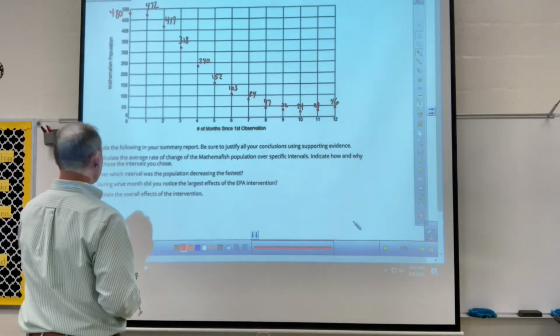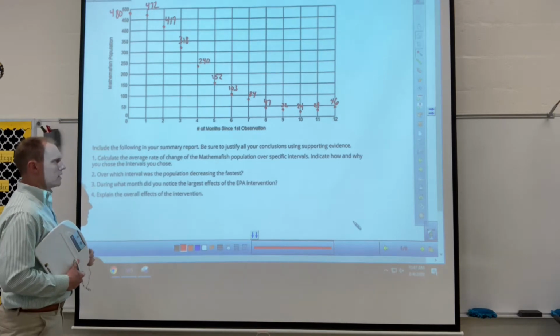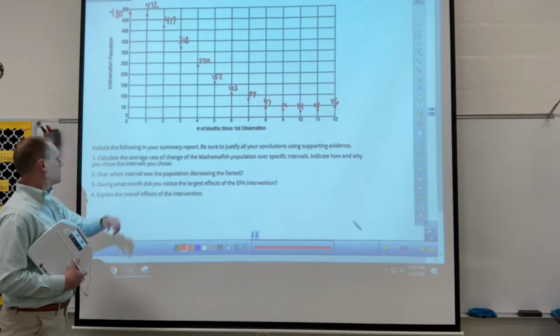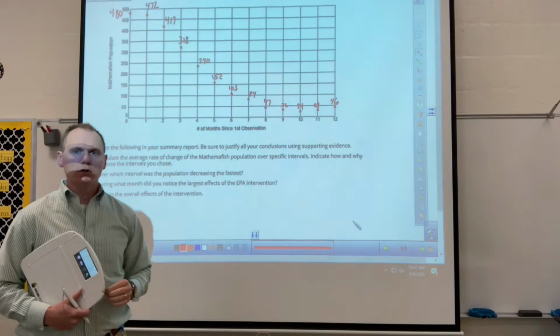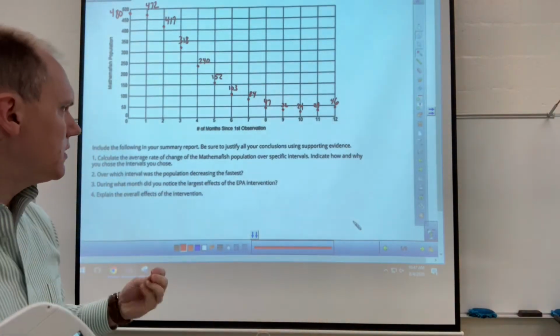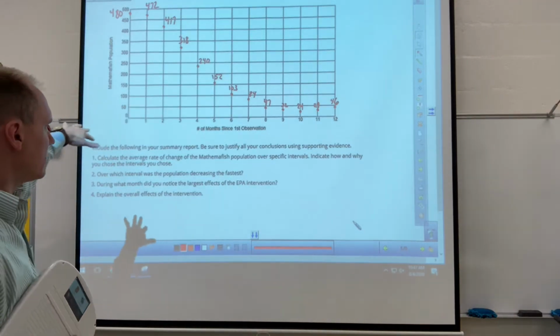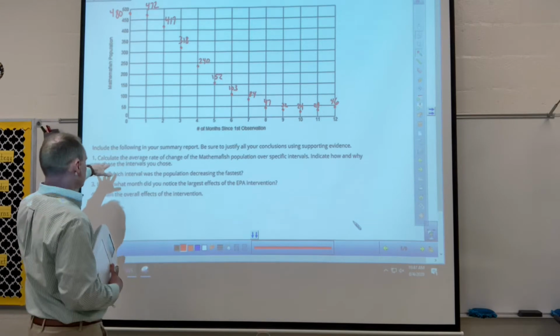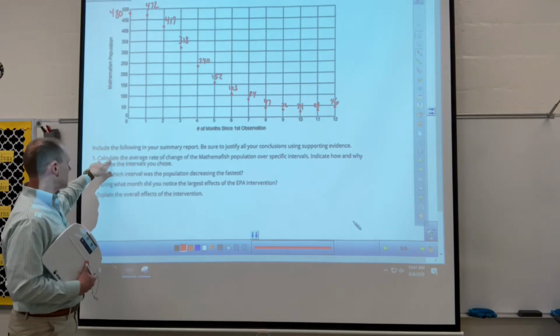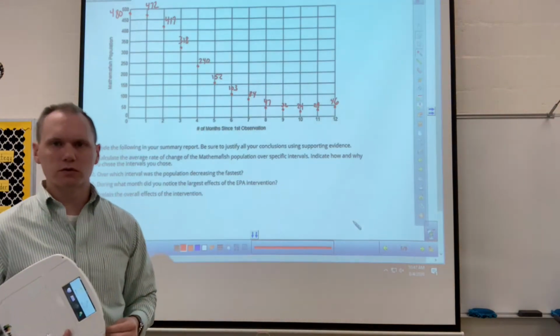So the first one is calculate the average rate of change of the mathfish population over specific intervals. Indicate how and why you chose the intervals you chose. So I know you may not know exactly what average rate of change means yet, but see if you can figure out different things to calculate about this graph. See if you can figure out what this is meaning by calculating the average rate of change of the mathfish population over specific intervals.